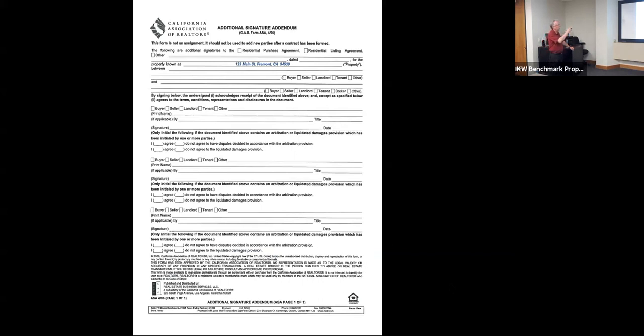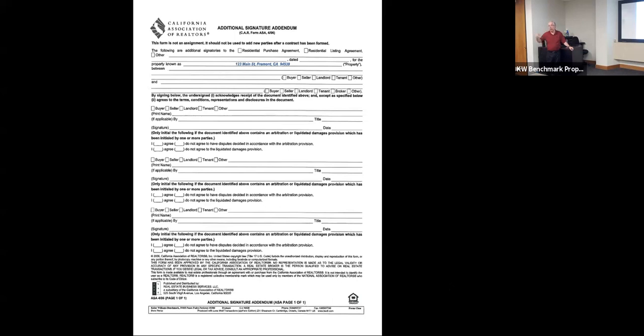And the benefit of having it when you have that 3rd or 4th buyer is that they are able to initial their agreement to binding arbitration and liquidated damages on that form, and they don't have to touch the 10-page form. All you need for that 3rd or 4th seller or 3rd or 4th buyer is that form.